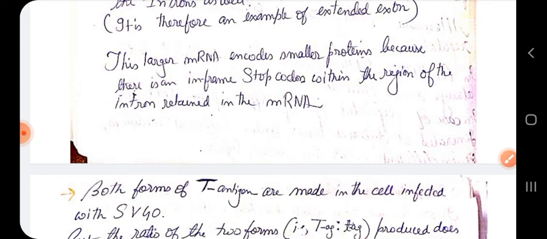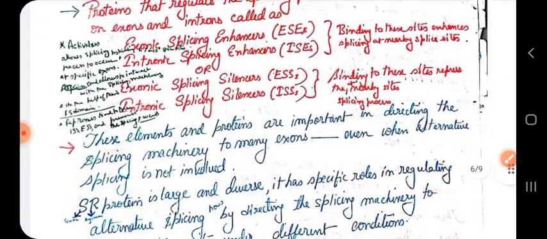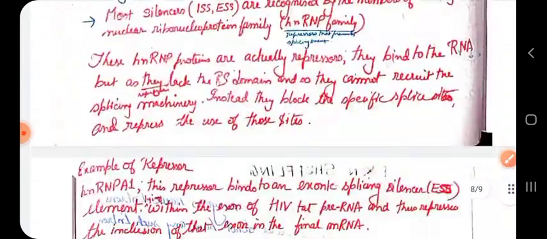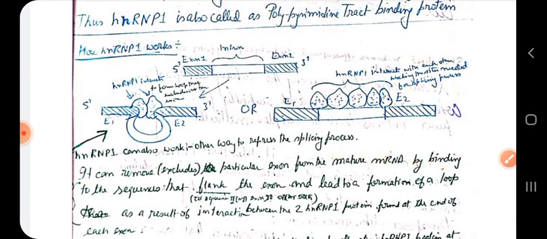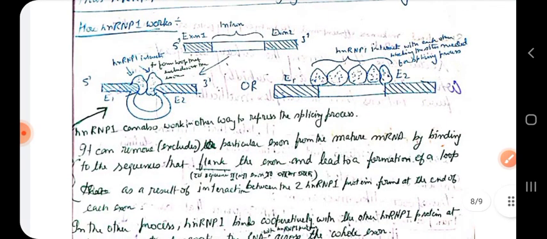With the help of examples, for activators I have discussed the serine arginine rich proteins. For the repressors I have discussed the HNRNP, heterogeneous nuclear ribonucleoproteins. And the diagram is a little bit different here. Instead of showing the removal of the exons, it is showing the intron removal. So you can write this diagram, don't worry.